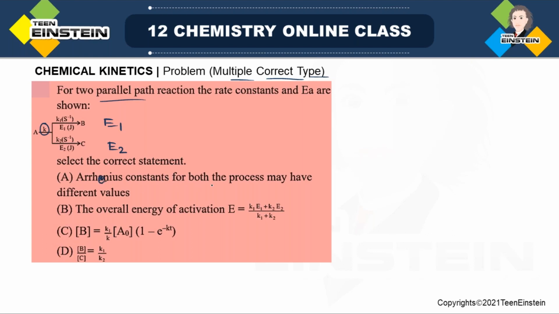Arrhenius constant for both the processes may have different values. Now just remember the Arrhenius expression, that is K equal to A into e to the power minus EA by RT. So this value of A, it may be different.